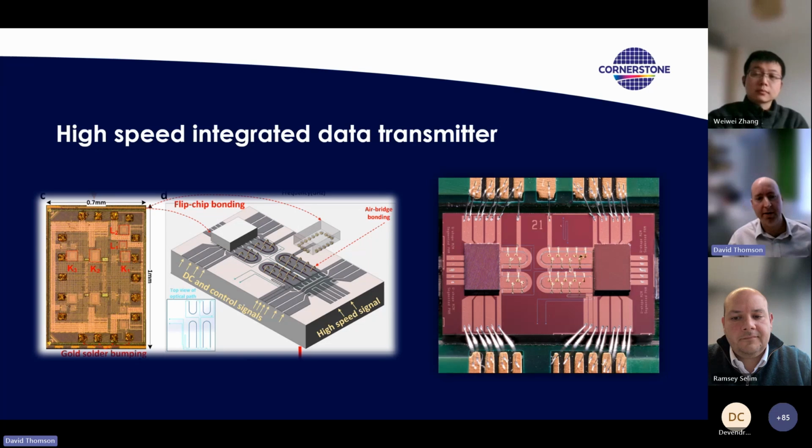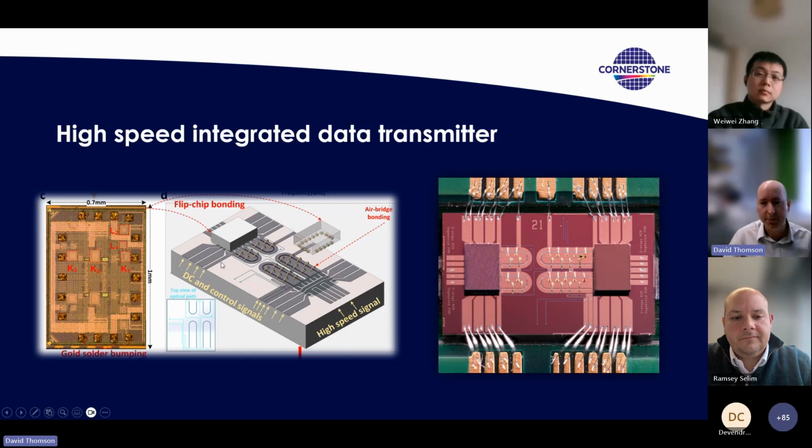But we're not just talking about integration at the physical level where we're flip chip bonding these CMOS driver chips onto the photonic chip. We're also integrating at the design level. So we're taking into account the photonics in the electronic design, and we're able to overcome some of the limitations and really optimize the overall performance of the integrated photonic electronic module.